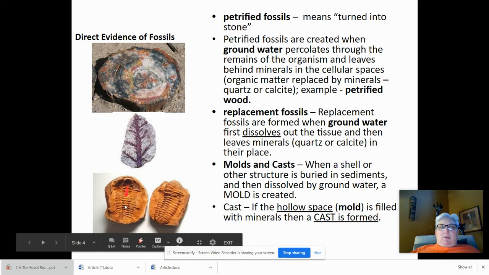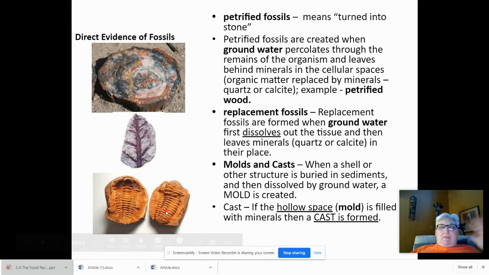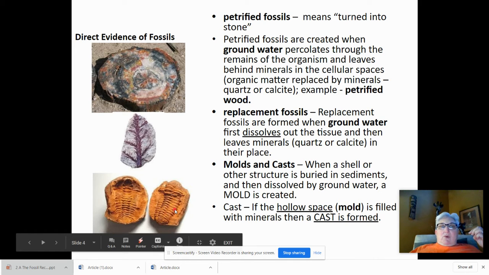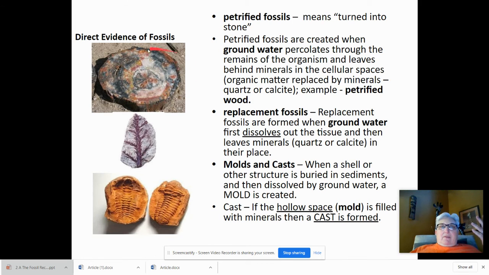The mold over here, the cast, the kind of negative opposite, I guess, of the mold. Imprints, petrified wood, all of these things would be considered to be fossils, right? And that's what we would consider to be direct evidence, things that we have concrete evidence of.